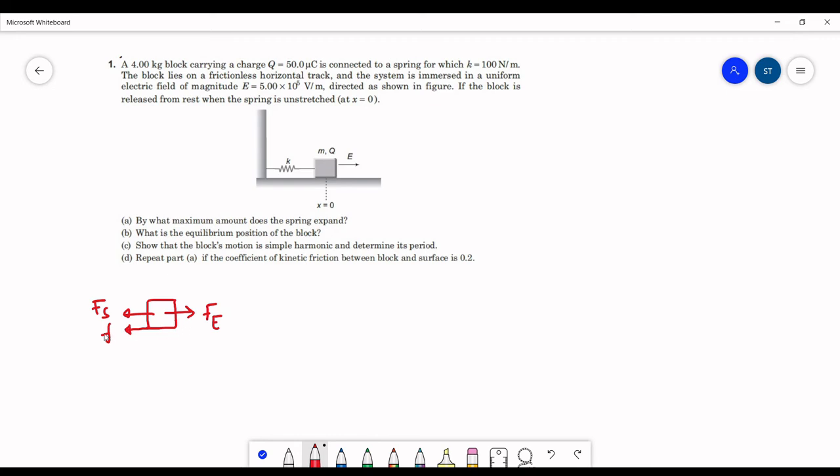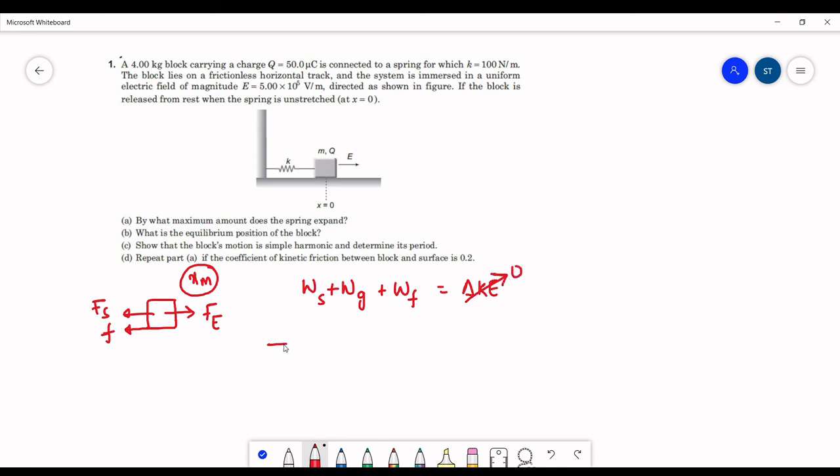So three forces will be acting in the horizontal direction, and let us again assume that the maximum displacement of the particle is xm. By applying the work energy theorem, we can say that work done by the spring force plus work done by the electrical force plus work done by the frictional force will be equal to delta K. As initially the velocity is given as 0 and at the extreme position also the velocity will be equal to 0, we can say that the change in kinetic energy will be equal to 0.